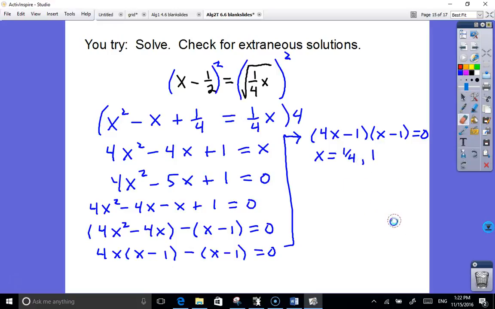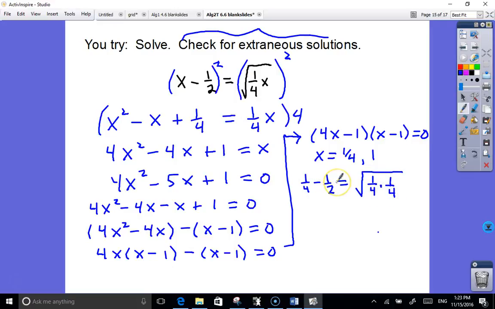Okay, but we have these directions right here: check for extraneous solutions, which we should know because there's an x outside and an x inside. So let's see, if I plug in 1/4 there, then I'm going to get 1/4 minus 1/2 equals the square root of 1/4 times 1/4.